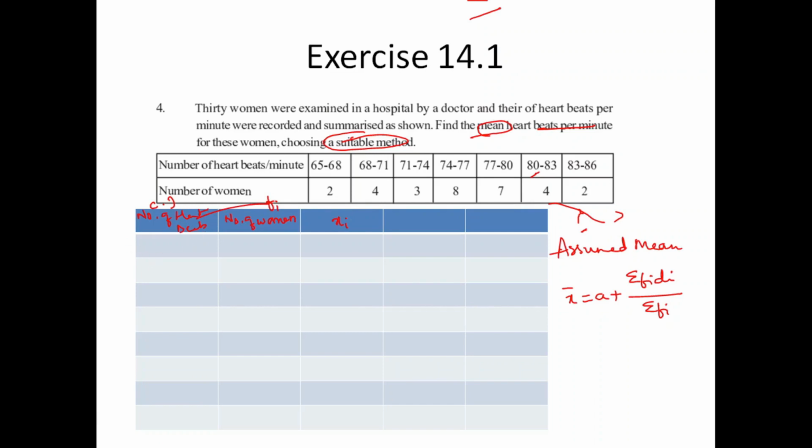So let's see how to do this. Here, let me take the values 65 to 68, and the next value is 68 to 71.